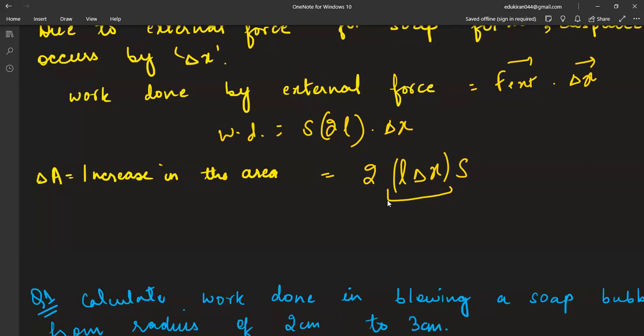So what can I write? Work done by the external force will be surface tension into area. Understood? And why am I ignoring this 2?